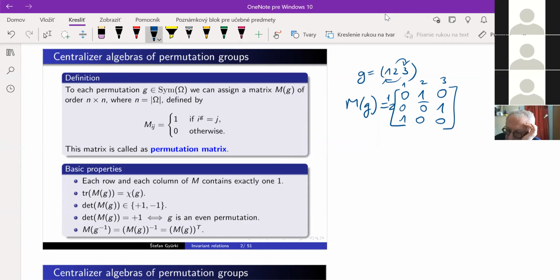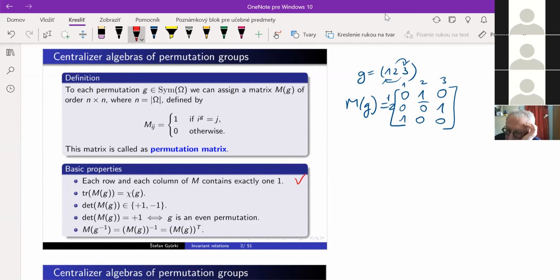It is easy to see that composition of permutations are in accordance with the matrix multiplication, and also it is easy to see that since a permutation is a bijection, then in each row and each column we will have exactly 1, and other entries are zeros.